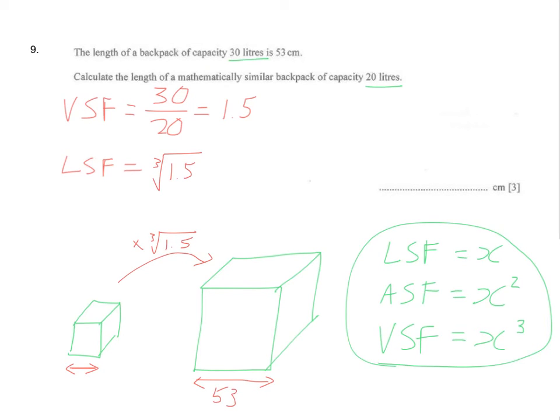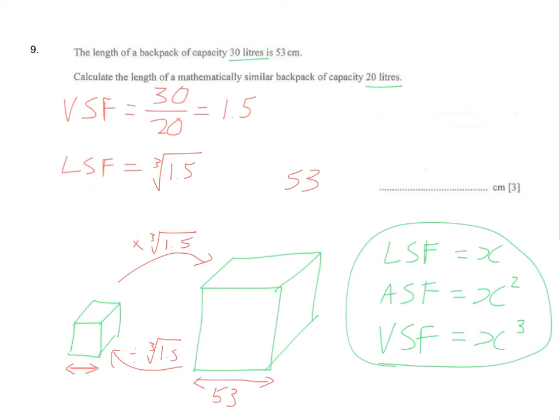We've got a very awkward cube backpack here. So to get back that way, I need to do the opposite. I need to divide by the cube root of 1.5. So I'm going to take 53 and divide it by the cube root of 1.5.